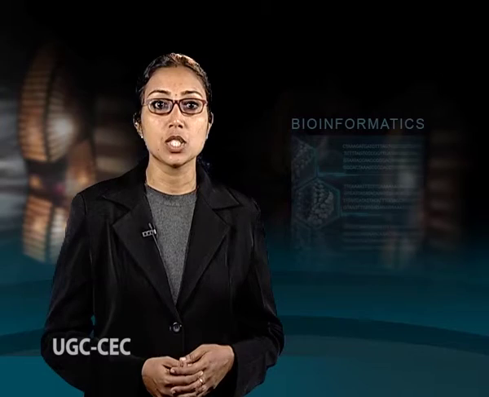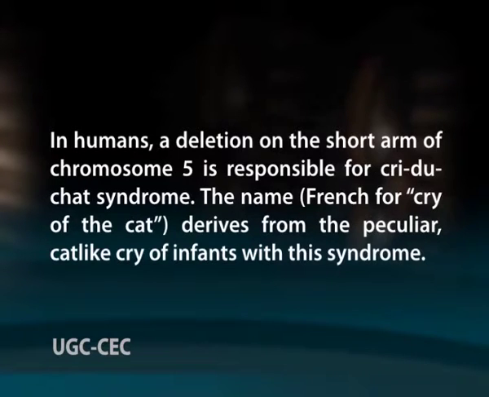Notch is a series of X-linked wing mutations in Drosophila that often result from chromosome deletions. In humans, a deletion on the short arm of chromosome 5 is responsible for Cri-du-Chat syndrome. The name, French for cry of the cat, derives from the peculiar cat-like cry of infants with this syndrome.